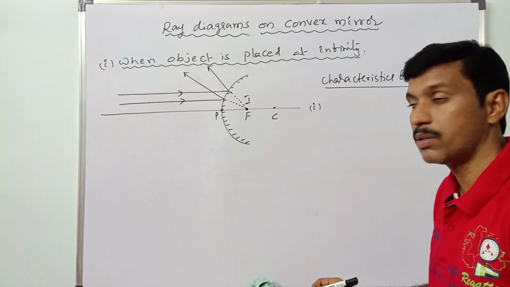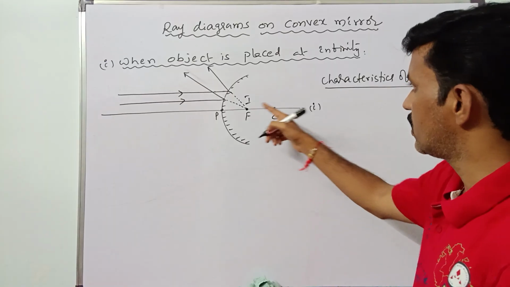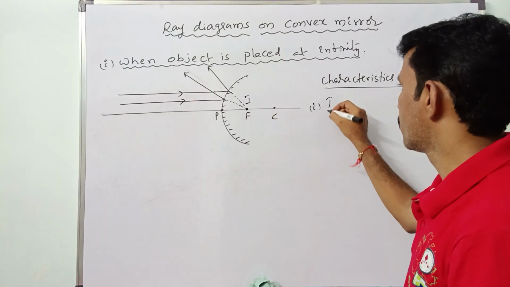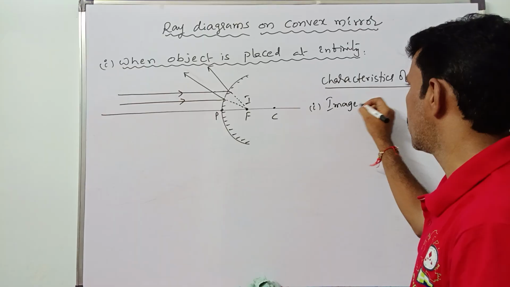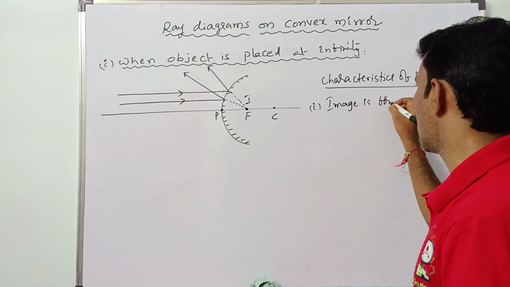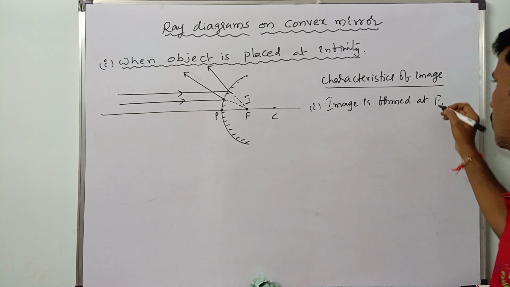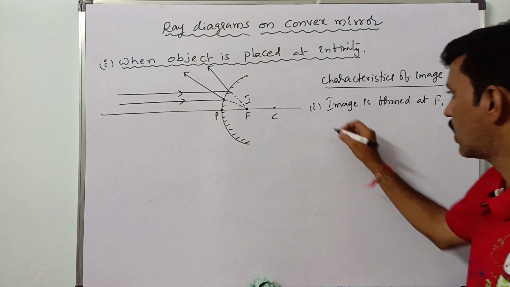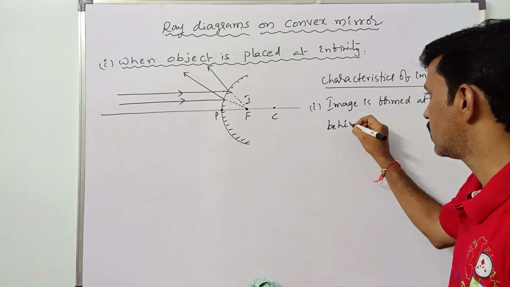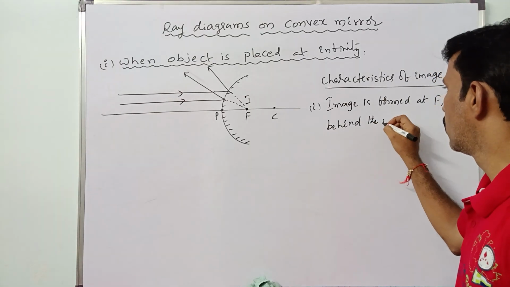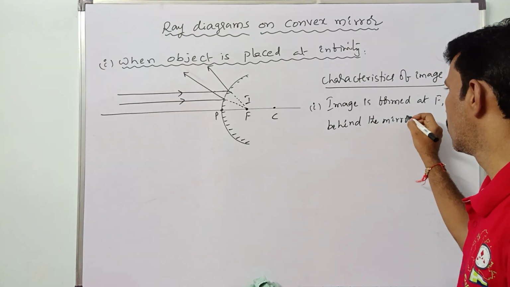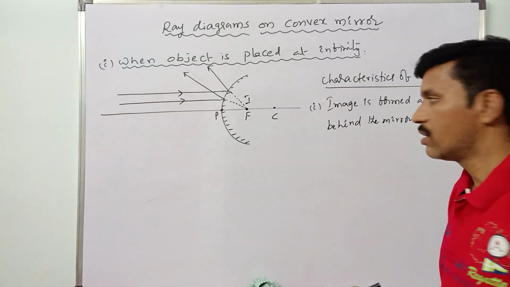That means, what is the position of the image? The position of the image is F. The image is formed at F, behind the mirror. Where is the F here? Behind the mirror. This is the position of the image.